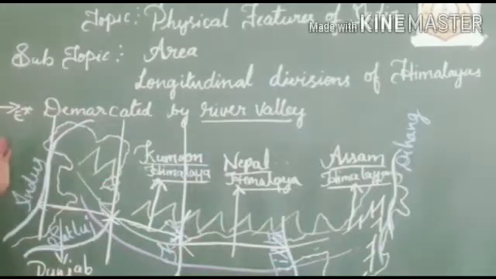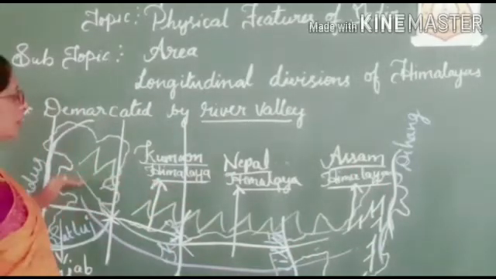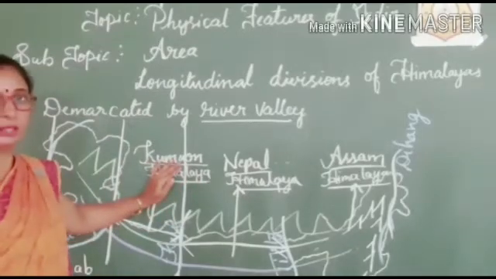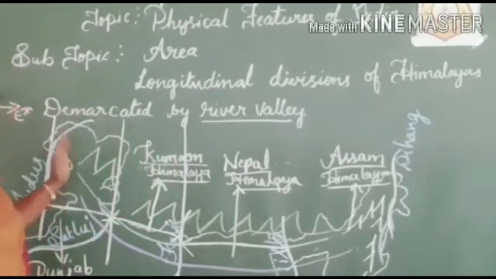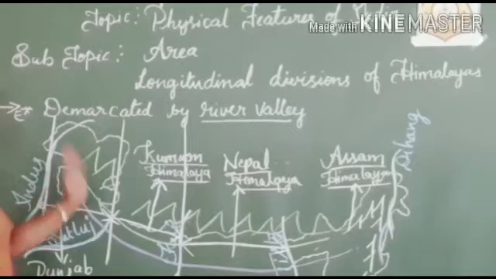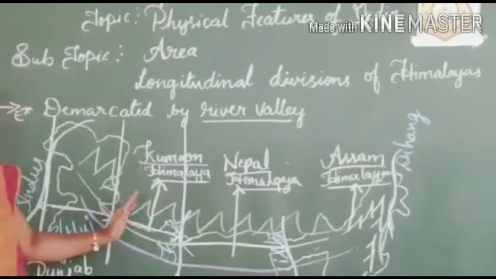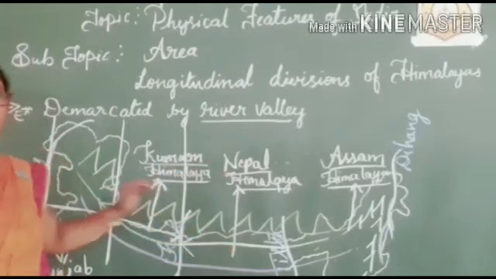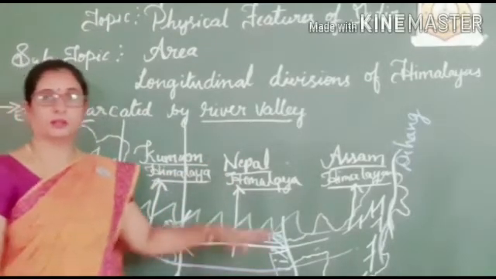Now, along with the longitudinal and latitudinal division of India that you have learnt, they have also divided the Himalayas with this classification as eastern and western divisions. Understood, children?